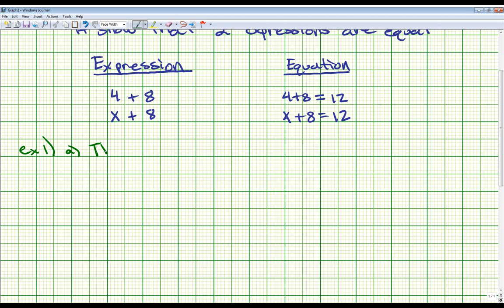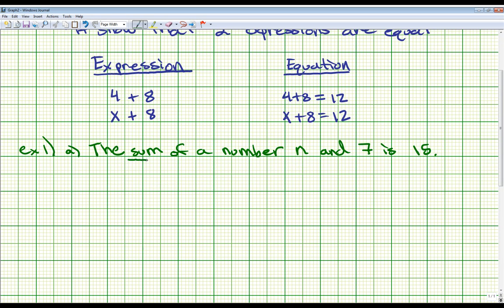So we unfortunately do need to write out the entire sentence. The sum of a number n and 7 is 15. So they want us to take that sentence and make a math sentence out of it with symbols, not words, symbols, numbers, and letters.